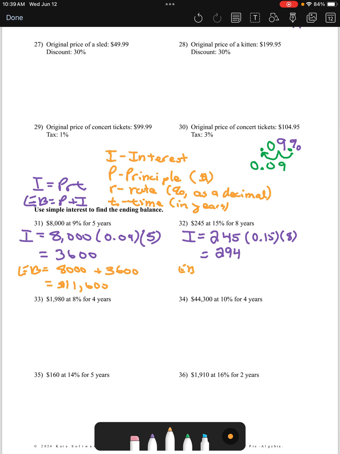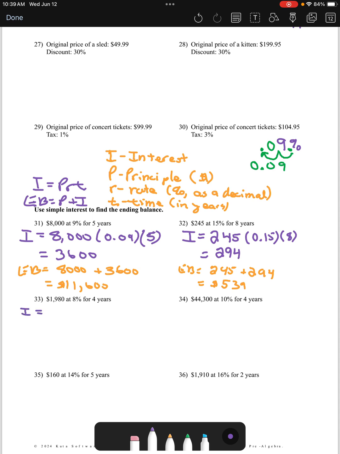So what do we end with? Our 245 that we started with, plus the 294 we gained, gets us an ending balance of $539. As always, I invite you to pause and attempt the last 4, and then come back and see how you did.